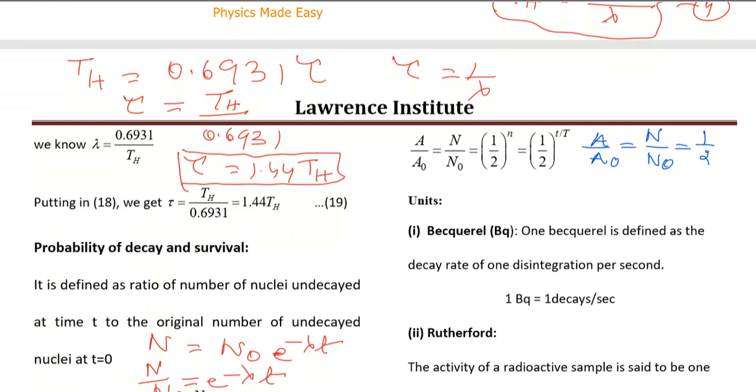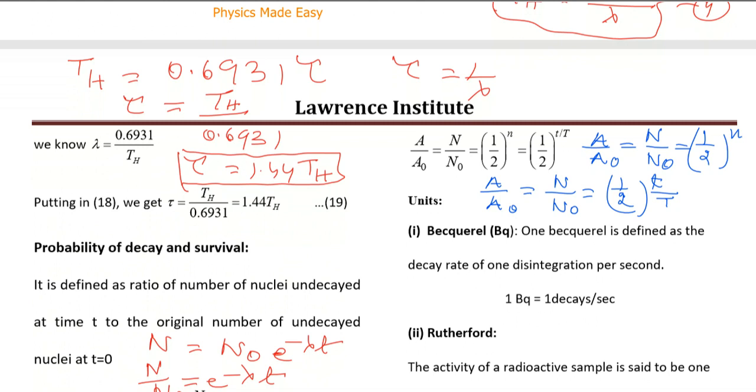This is 1 by 2 raised to power n, where n is the number of half-lives. Or we can also write A divided by A naught is equal to N divided by N naught is equal to 1 by 2 raised to power small t divided by capital T, where capital T is the half-life.